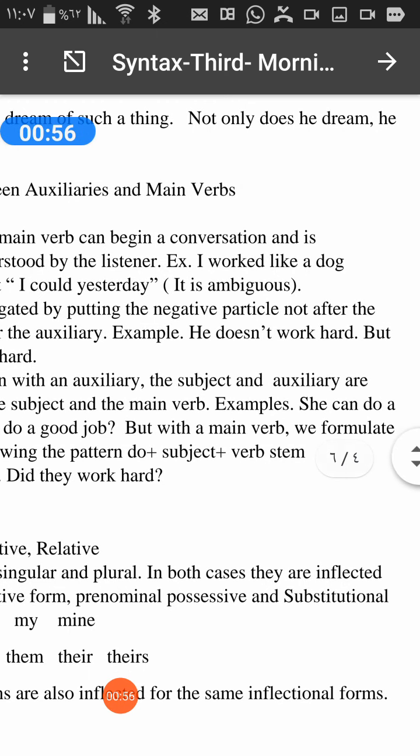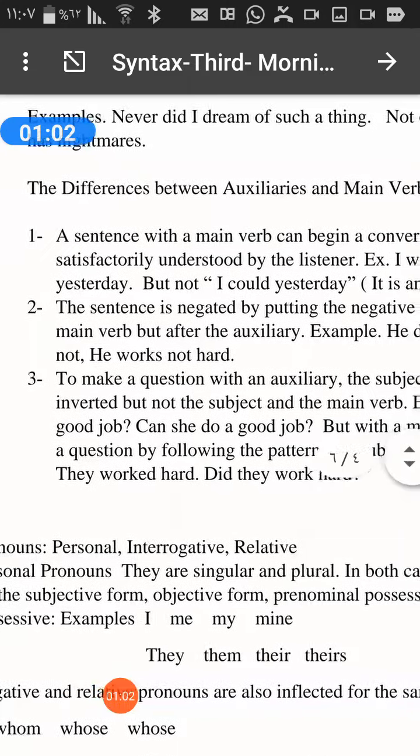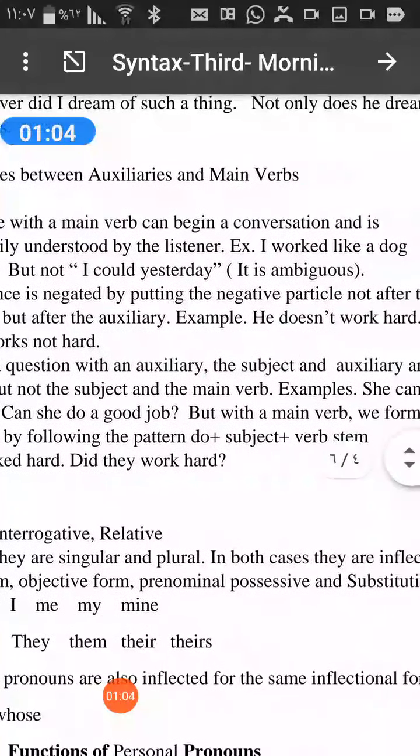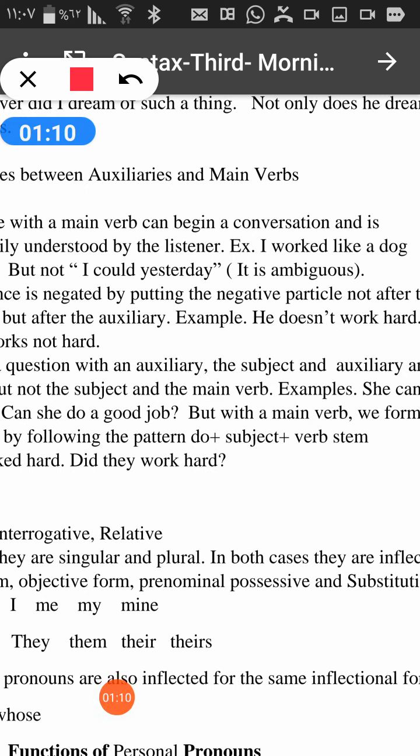Example: I worked like a dog, but not I could yesterday. يعني if I say I could yesterday, if there is no main verb, إذا ما عندي فعل رئيسي في هذه الجملة I could yesterday, it is ambiguous, جملة غامضة هنا.